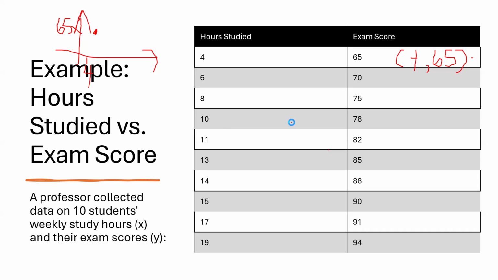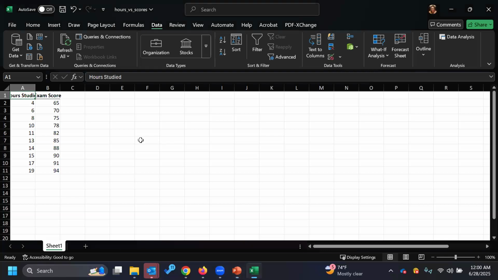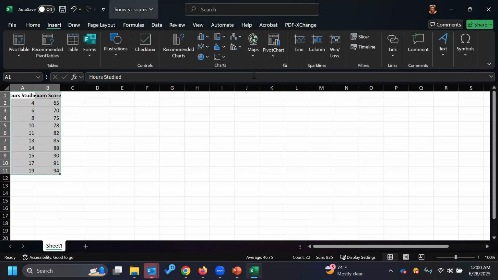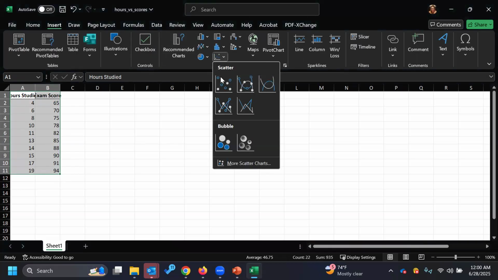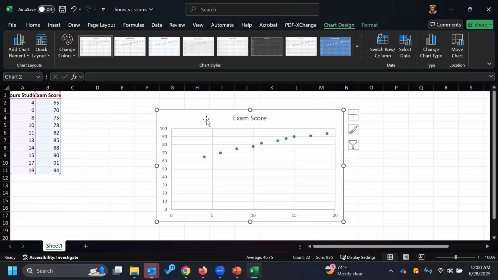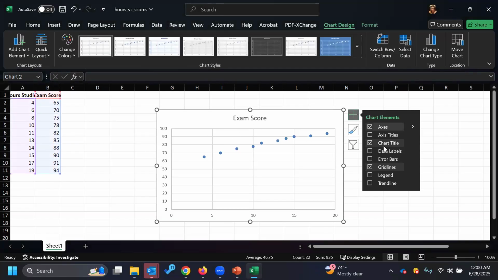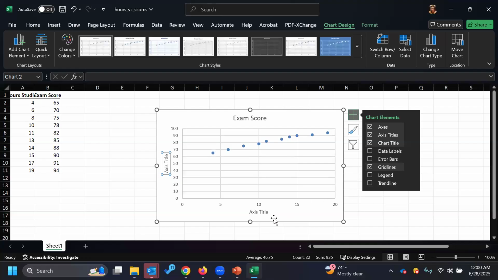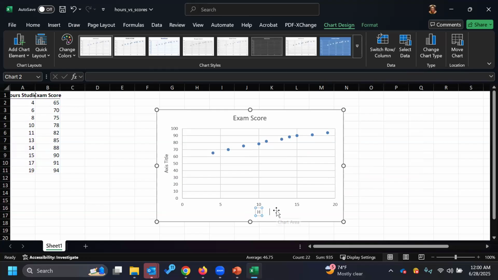Now, I already have this data here in Excel. So we're just going to highlight both of them. Go over here to Insert. And there's our scatter plot. Just as before, we want axis titles. So this is hours spent studying.